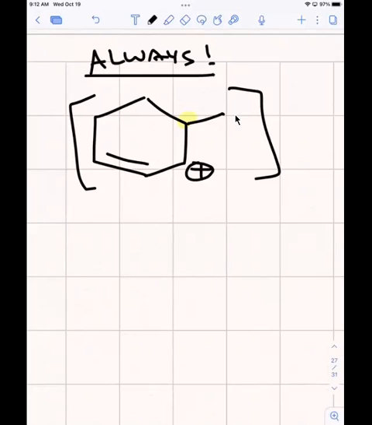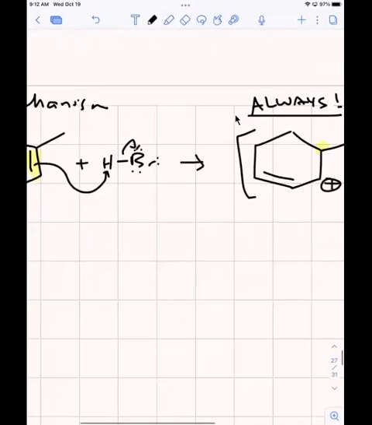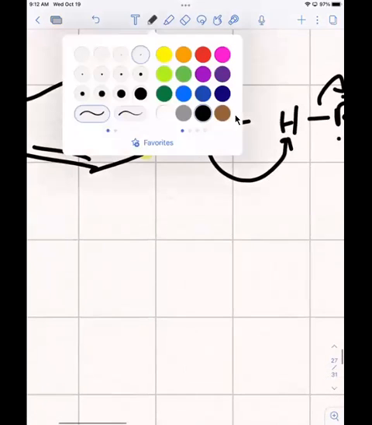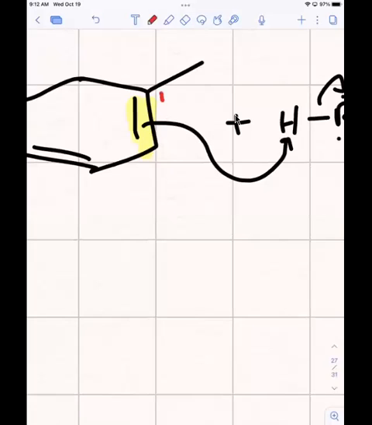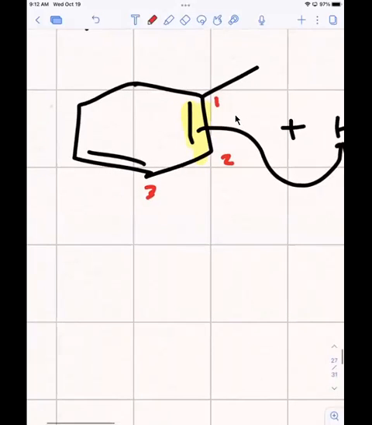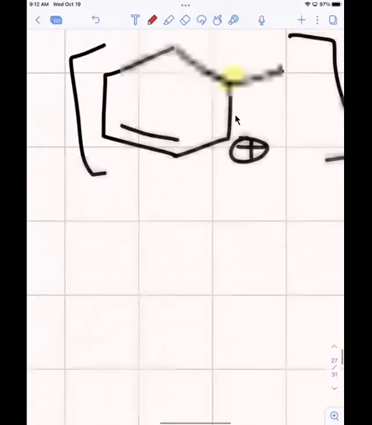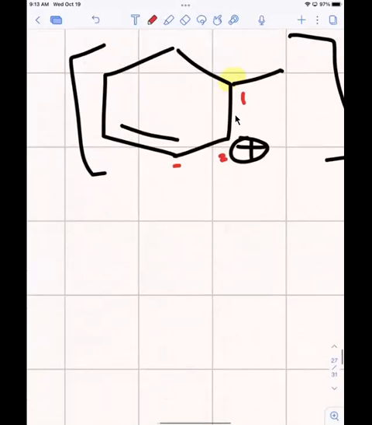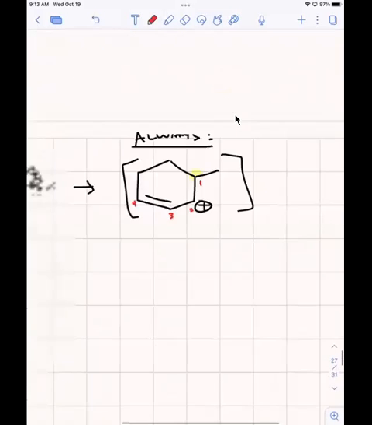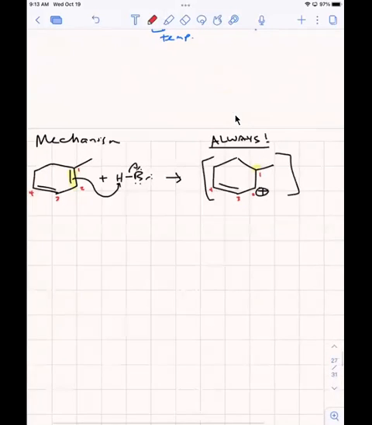Right? So now over here, let me number this. If I'm using this alkene, I'm numbering here 1, 2, 3, and 4. And that's how I get that product designation, because over here, those numbers are still the same: 1, 2, 3, and 4. So if I attack the carbon that's numbered 2, that's going to give me my 1,2 product. If I attack the carbon that's numbered 4, that's going to give me my 1,4 product.